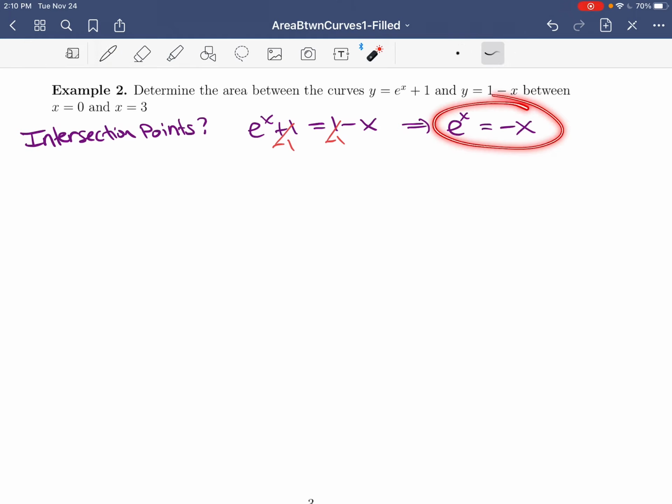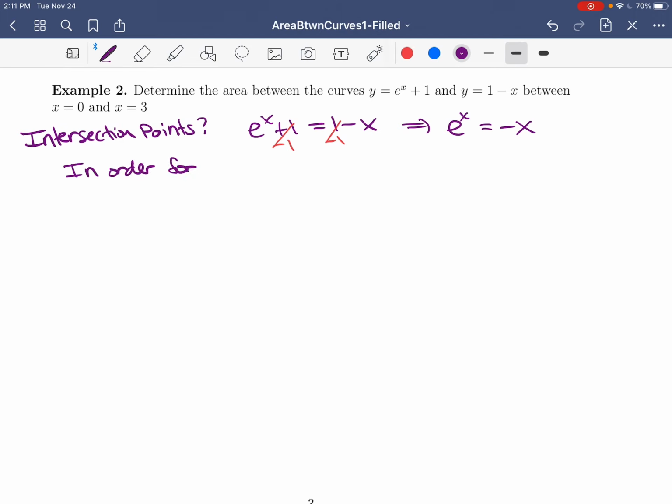This equation is actually difficult to solve. But we don't actually need to solve it. In order for e to the x to equal negative x, we need negative x to be positive, since e to the x we know is positive.